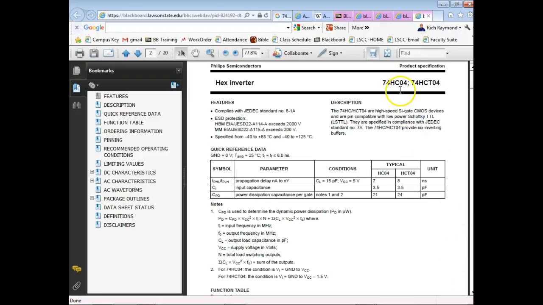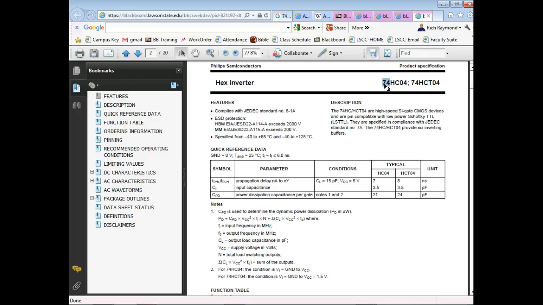Well, what they did is they came out with the HC version. These are still CMOS, but they have the same pinout as the 7400 series. The 74HCT, these are TTL compatible, so we can use these to drive TTL gates. So we can use HCTs and 7400s in a circuit together. This was really confusing for a while, because for a long time when we saw 74 at the start, we knew it was TTL, but these are not.